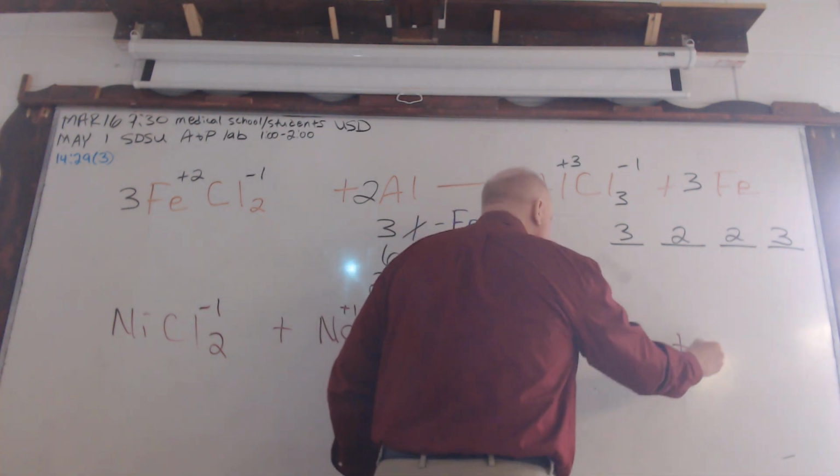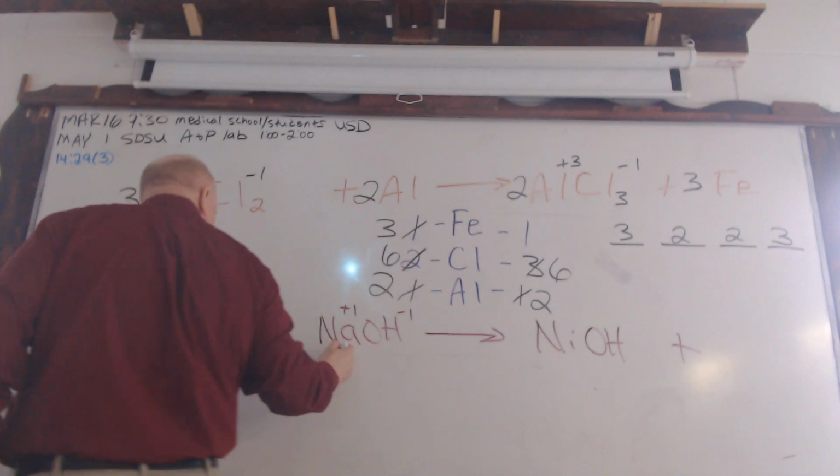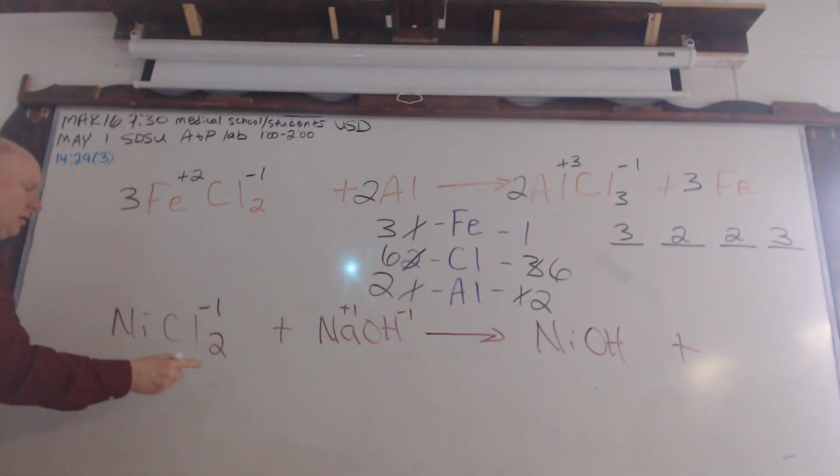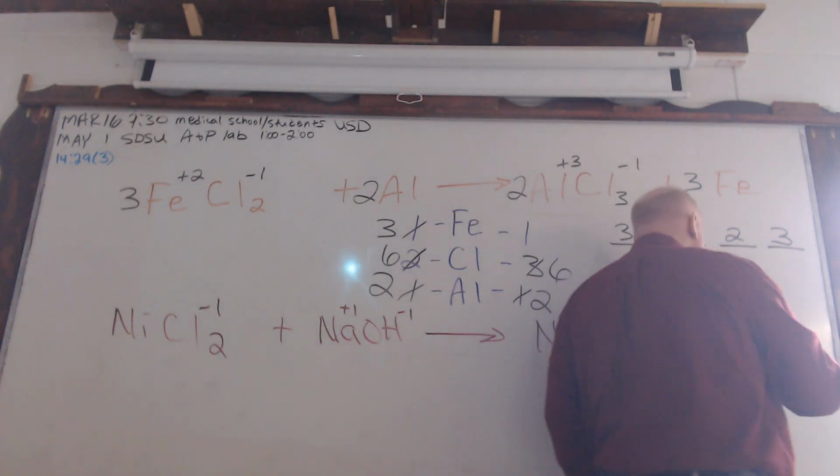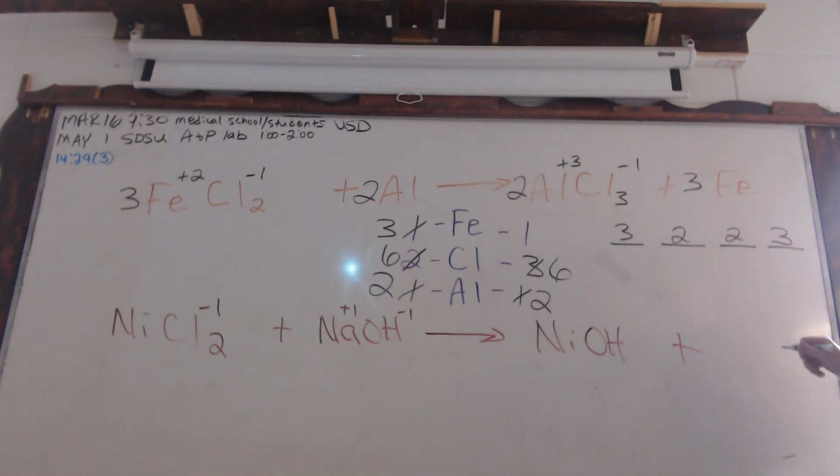Then what can sodium bond to, with a negative charge from this compound, on this side of the equation? Chlorine by itself. Whoever said that, they said it backwards. That's what threw me off. Always write your positive ions first. So NaCl, or sodium chloride.